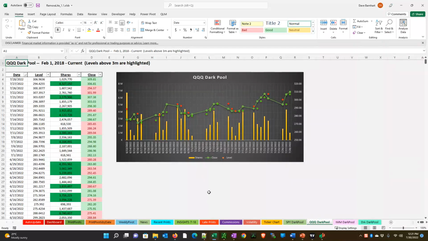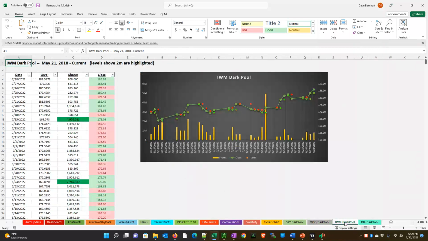Okay, so here's the sentiment on the Qs as well. And you can see that there's been more green dots than red dots. And so it looks like they're buying here. Well, clearly the Qs have gone up. It's been quite the rally. And so these are divided out. The IWM as well, and anything over 2 million is highlighted on the IWM because those are considered quite large.